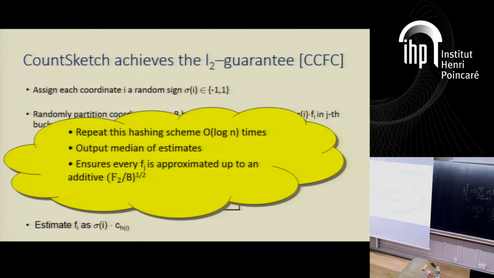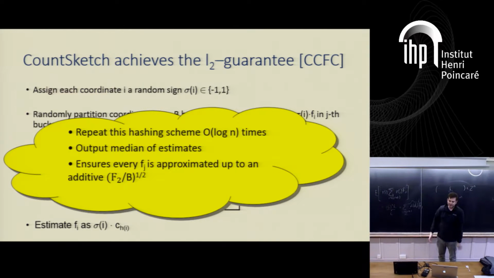It's a random sign sum of everything else that goes into the same bucket. If I take the inner product of a vector and a random sign vector, it concentrates at the Euclidean norm of that fixed vector. The squared Euclidean norm is exactly F2 over b, the sum of squares of items that go to that bucket. So that's why this thing concentrates to the square root of that value. So it's the square root of F2 over b.